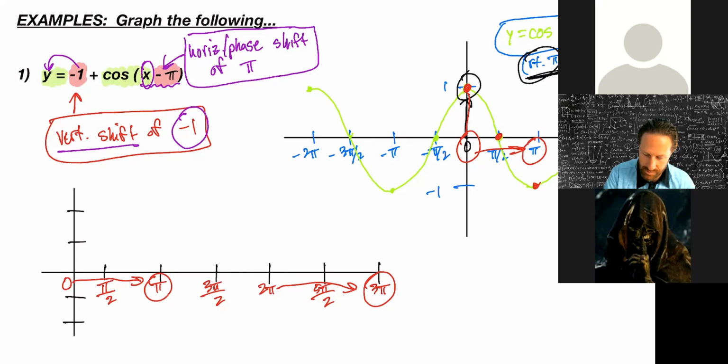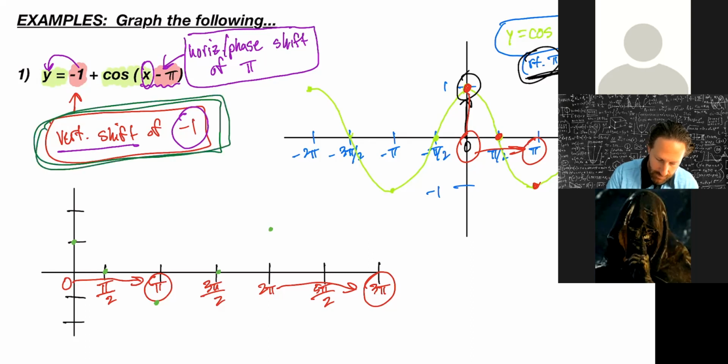Let's do one of these at a time. I'll go real light. I got 1, 0, -1, 0, 1. We're going to shift all those vertically downwards to become this, that, that, that, and that.